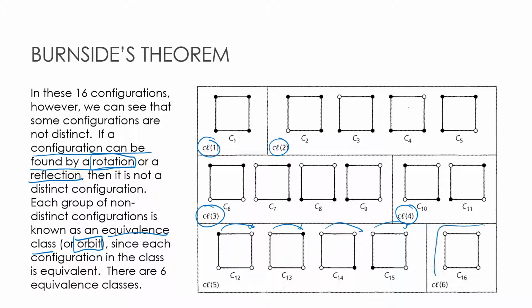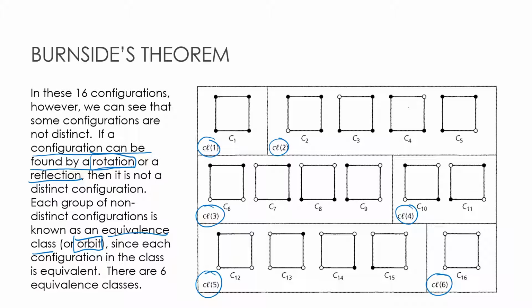And then of course the last one is all white, and just like all black, there's nothing else like it because all 4 are exactly the same. So looking at this, again, the long way, I have noticed that I have 6 equivalence classes, or 6 orbits.